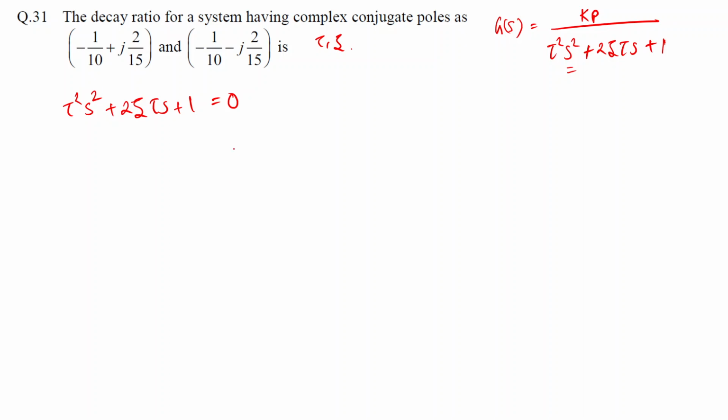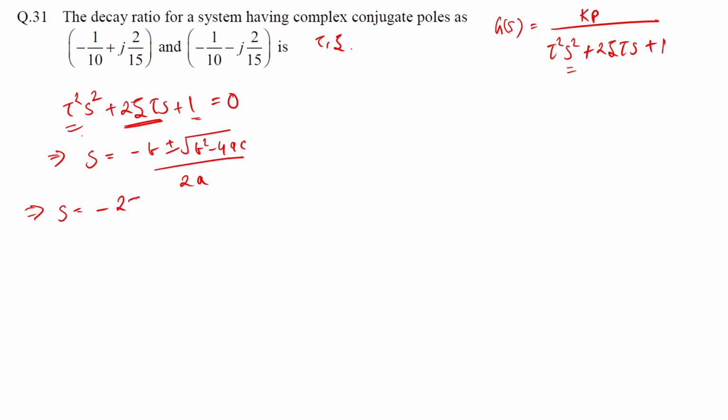Since this is a quadratic equation, we can write the roots of this equation as s is equal to minus b plus or minus under root of b square minus 4ac upon twice a. So over here, b is this term 2 zeta tau, a is tau square, and c is 1. Let's just replace those values to find the roots of this equation.